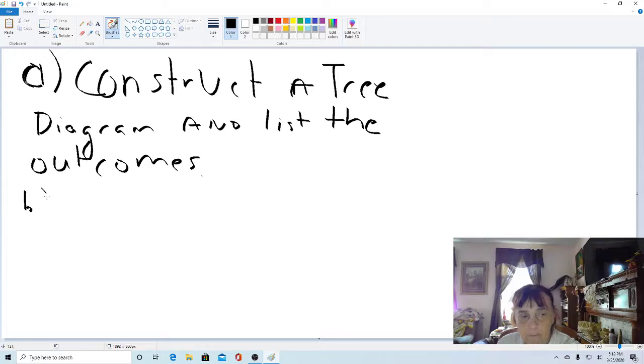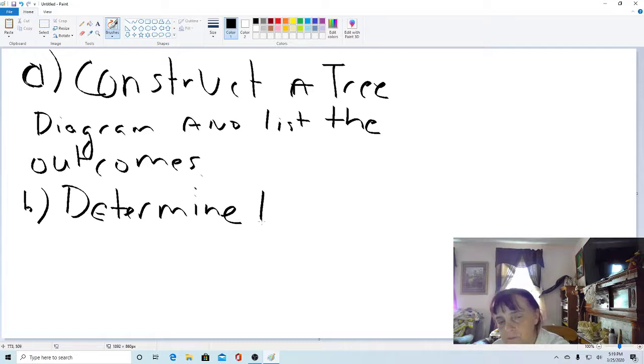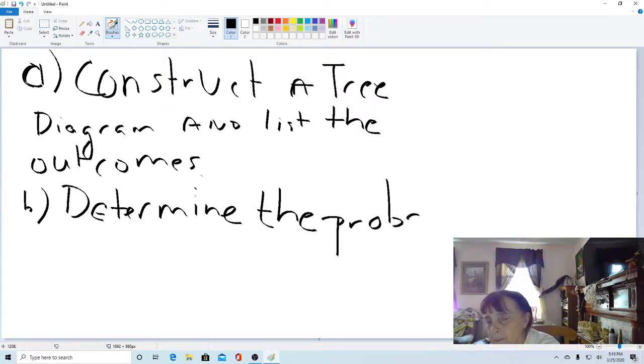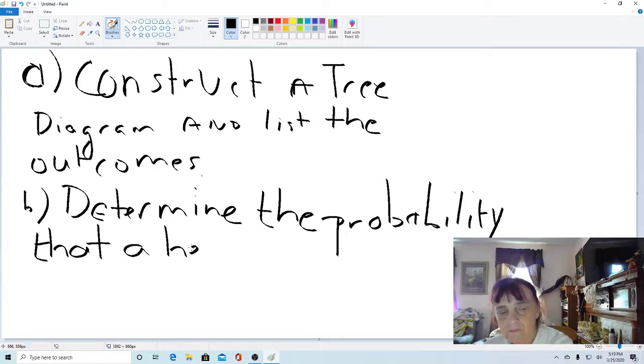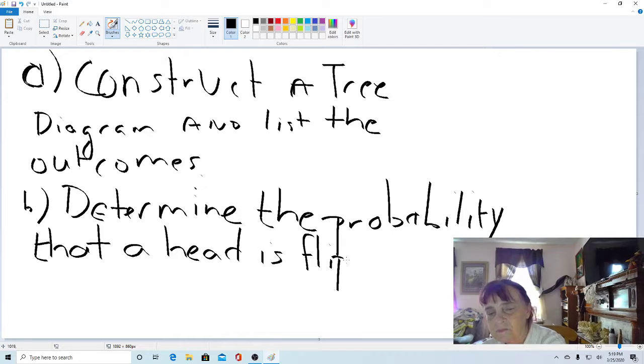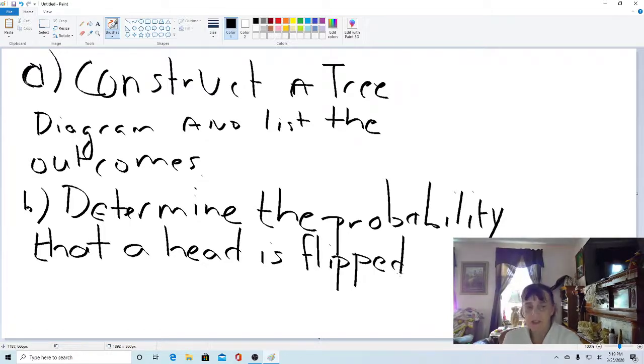Part B, determine the probability that a head is flipped and an odd number is obtained.